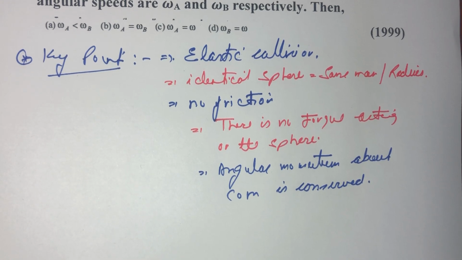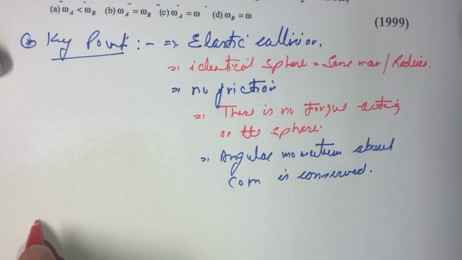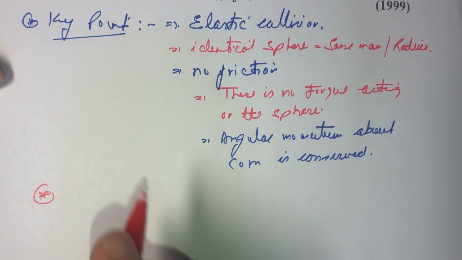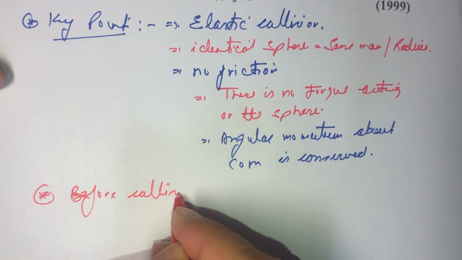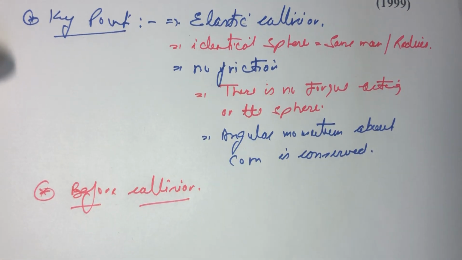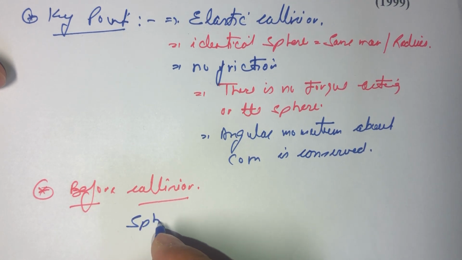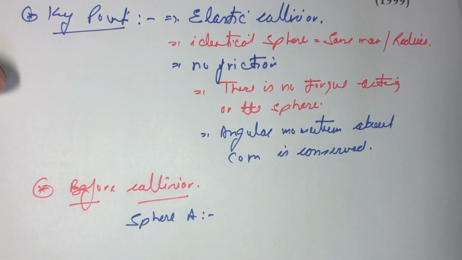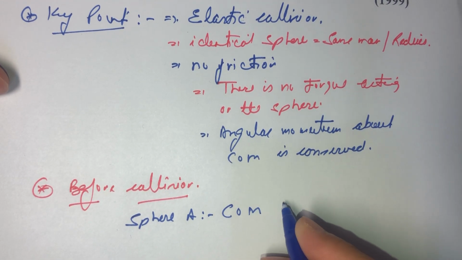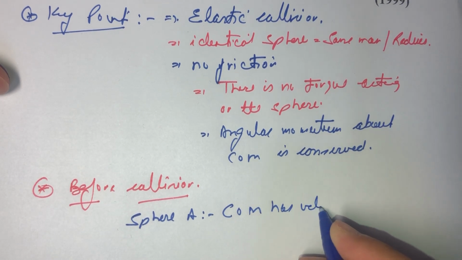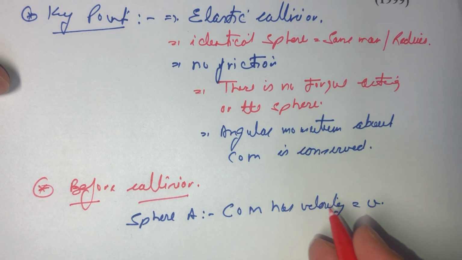Now we can divide the entire situation into three parts. First is before collision. For sphere A, it is given that the center of mass has a velocity v and the angular velocity is omega.